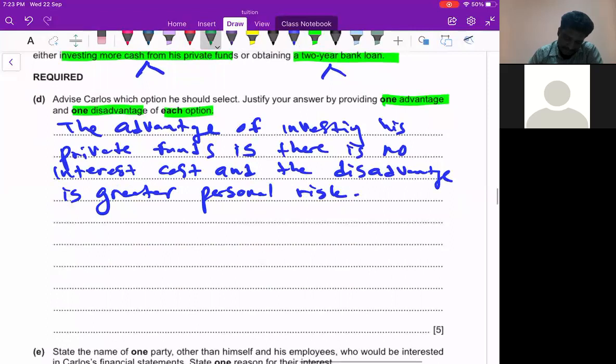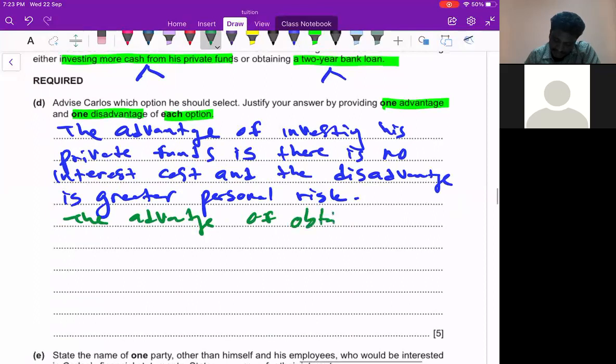Another paragraph. The advantage of obtaining a 2-year bank loan is, you can talk about instantly available.